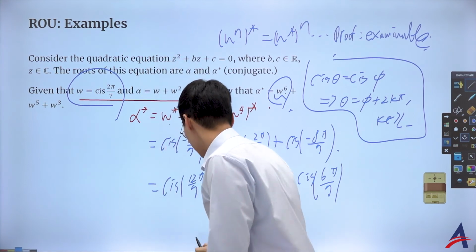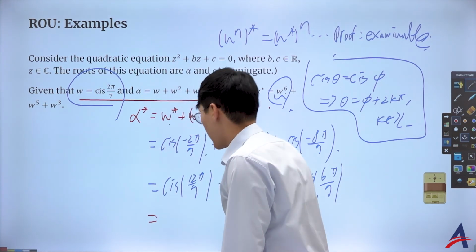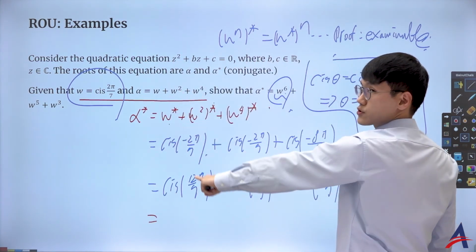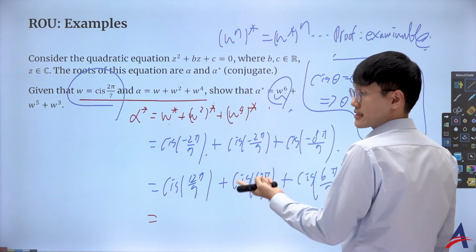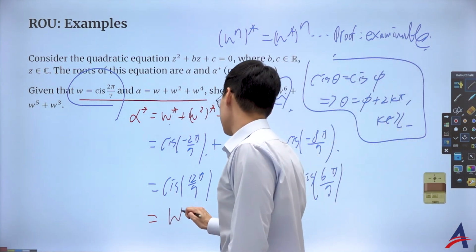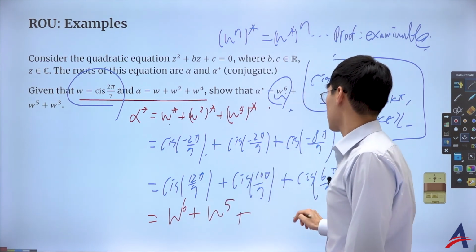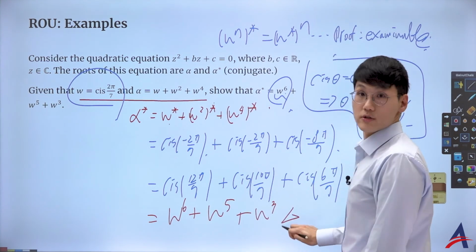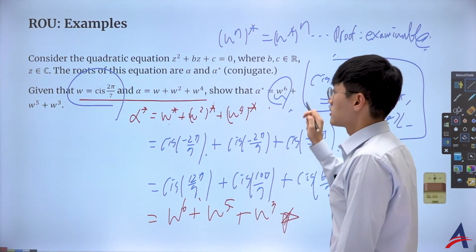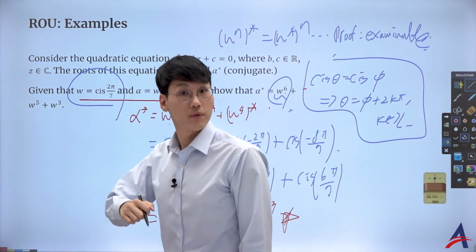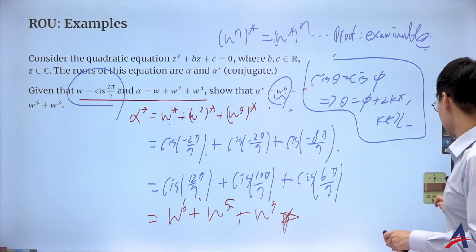According to the DMT, that's going to be raised to the power of who? To make it 2 pi to 12 pi, I have to make it the power of 6. So I know that this is going to be omega 6 using the DMT. Very good. That's going to be omega 5. And that's going to be omega cubed. So that is great. 6, 5, 3 is what I needed, and we've got it, okay? That is great.